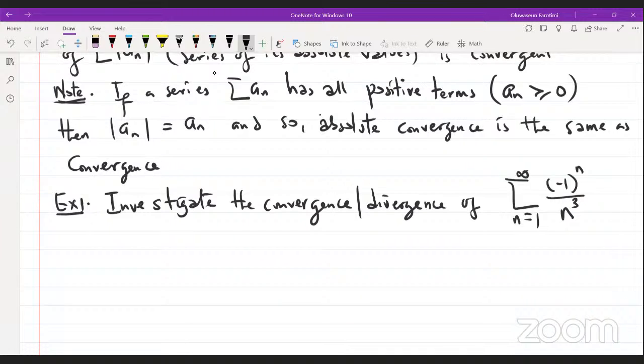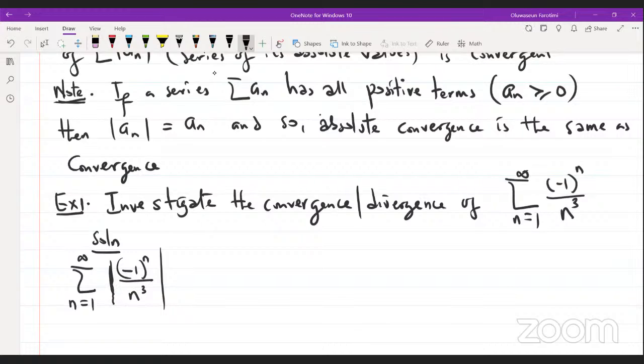All right, we want to investigate this convergence or divergence of this series. So what do we do? Now, because we're talking about absolute convergence, I really need to think about the series of this absolute value. So what does that mean? I got to think about something like this, |(-1)^n / n^3|. My indexing, I'm going from 1 to infinity.